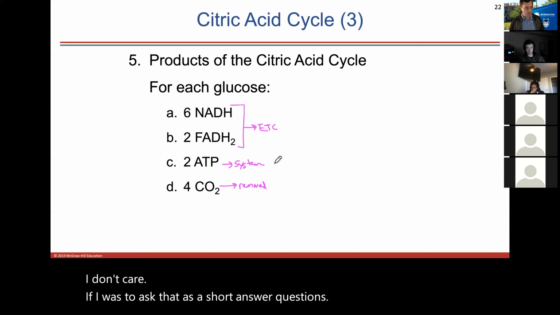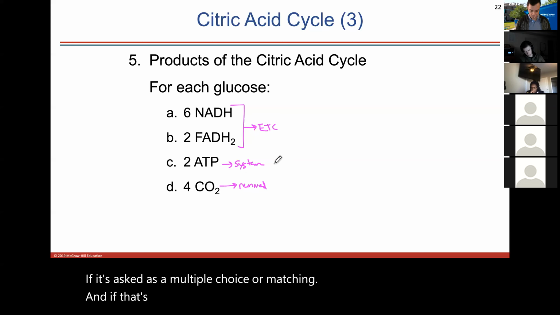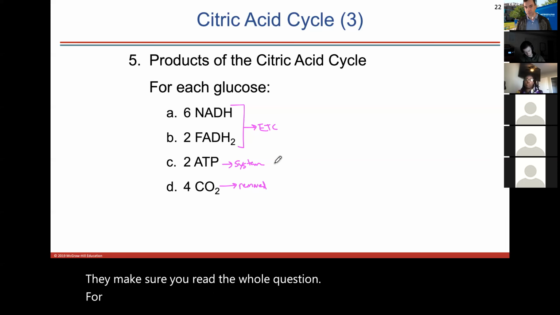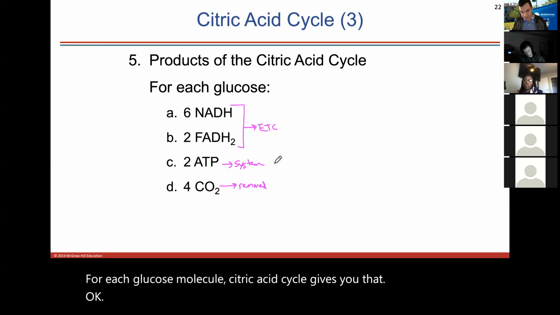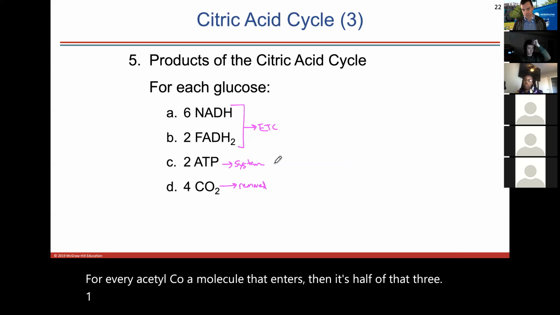Either way you want to present it, I don't care. If I was to ask that as a short answer question, or if it's asked as a multiple choice or a matching, then make sure you read the whole question. For each glucose molecule, citric acid cycle gives you that. For every acetyl-CoA molecule that enters, then it's half of that. 3, 1, 1, and 2.